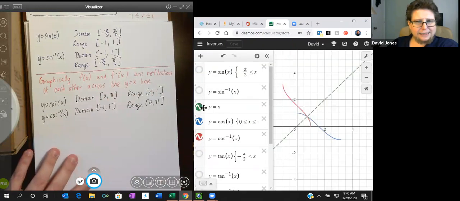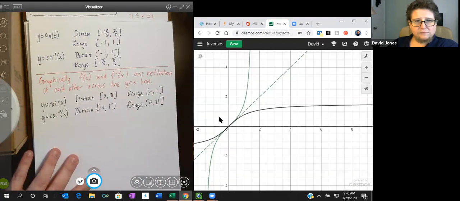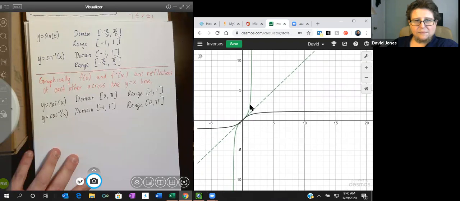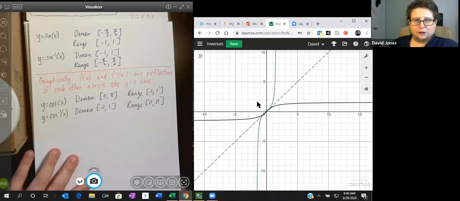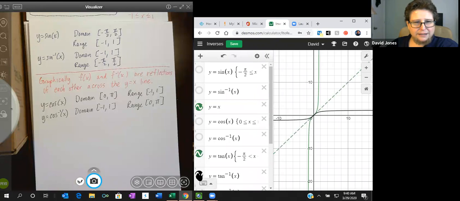And finally, we can look at tangent. Now you can really see that mirror property. Let me turn off the inverse real quick.